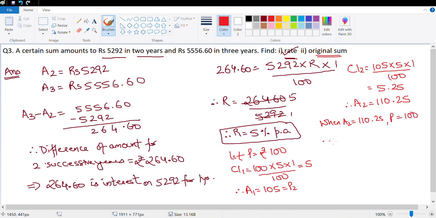In this case, when A2 is equal to 5292, P will be equal to 5292 into 100 upon 11025. Let's multiply it with another 100 so that we are able to remove the decimals.